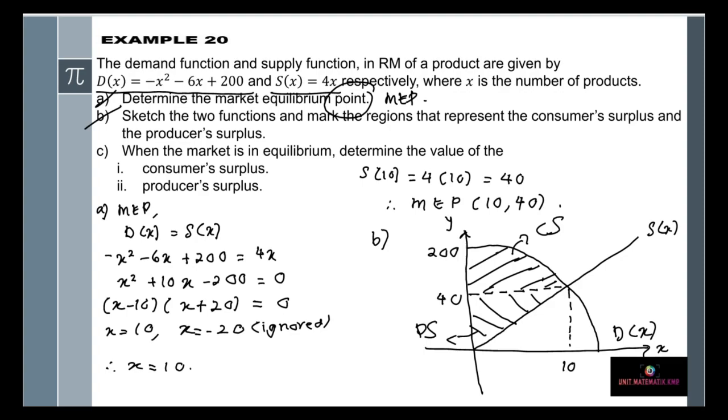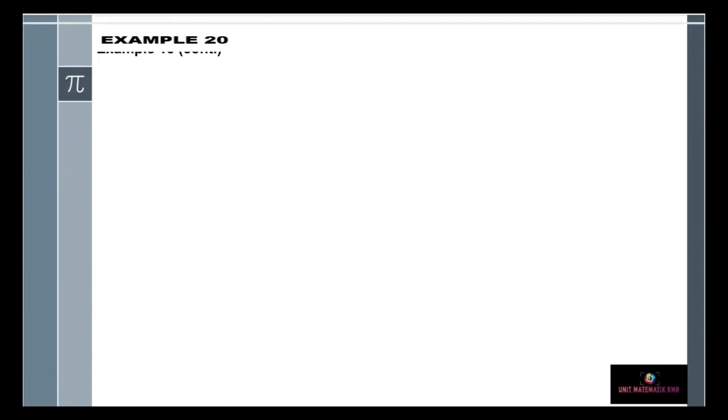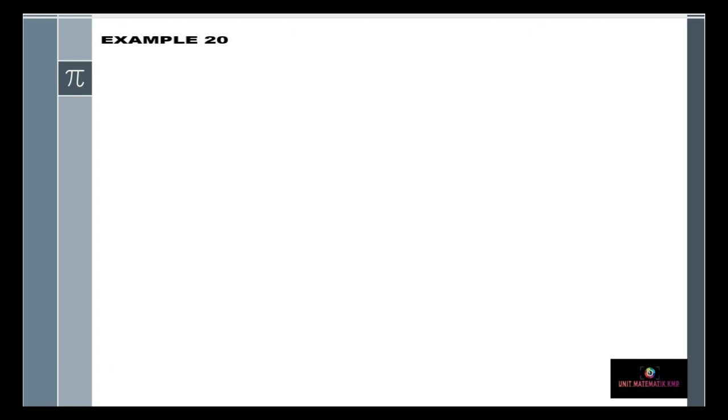Okay, the next one is we have to find consumer surplus and producer surplus again. So for the CS, we have to integrate from 0 to 10 the demand function, negative x squared minus 6x plus 200, dx, minus 10 times 40.